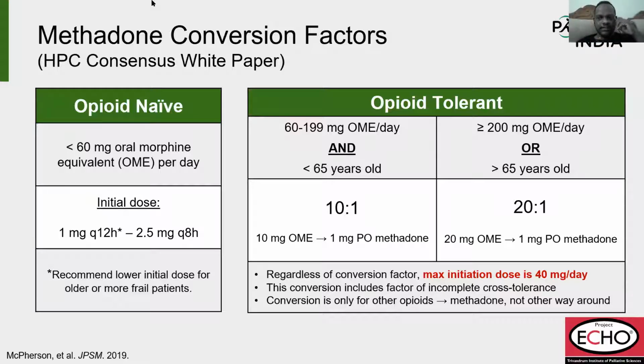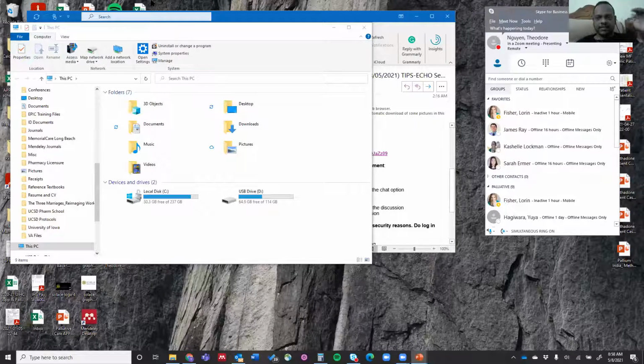As per this consensus white paper, if the patient is taking less than 30 to 40 milligram per day, you can increase 5 milligram every week. But if they are taking more than 40 milligram, then 10 milligram per week. Can you please repeat it once?